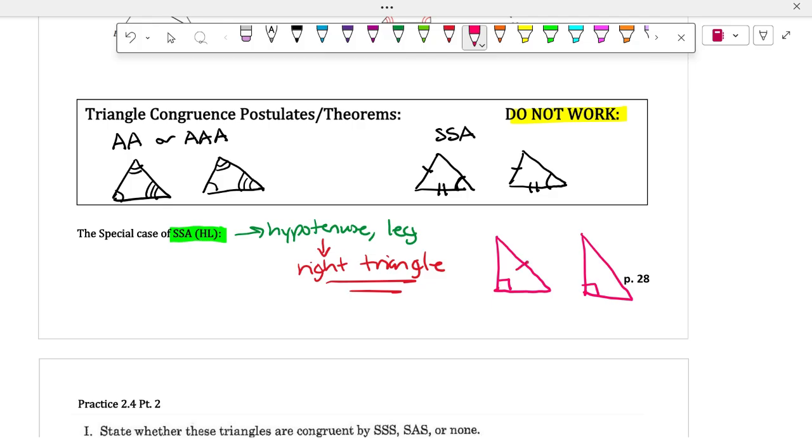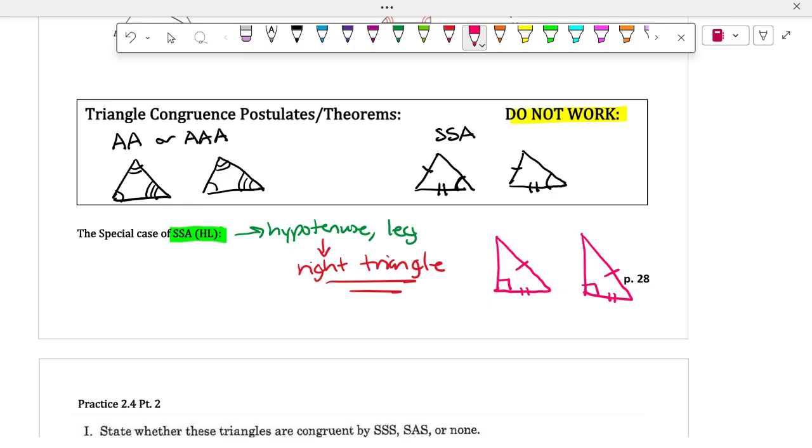If the hypotenuse or hypotenae are congruent, I think the plural of hypotenuse is hypotenae. If the hypotenae of the two triangles are congruent, and one of the legs, so one of the other sides, it doesn't matter which one, is also congruent. Because it's a 90-degree angle, all right?